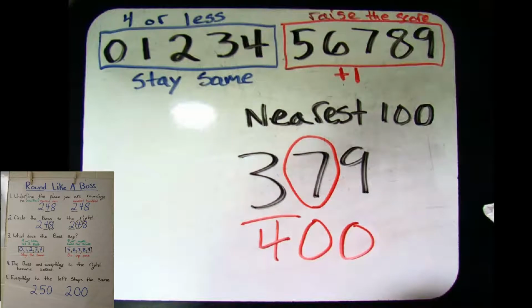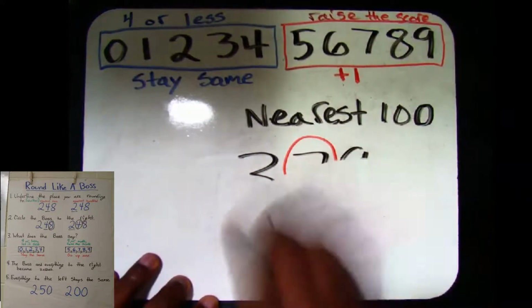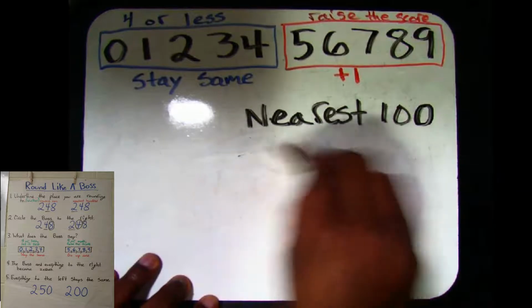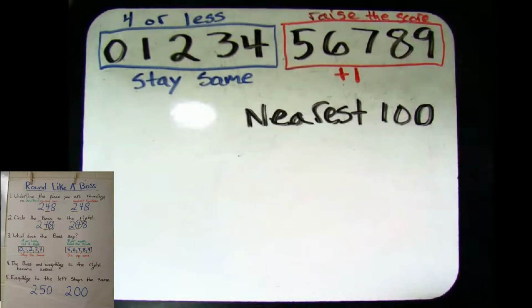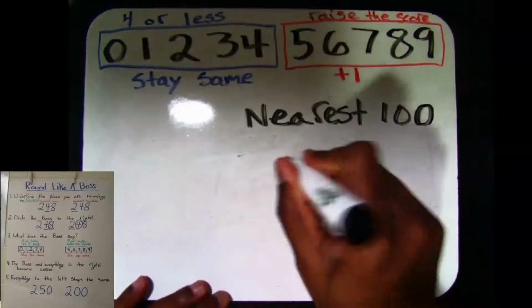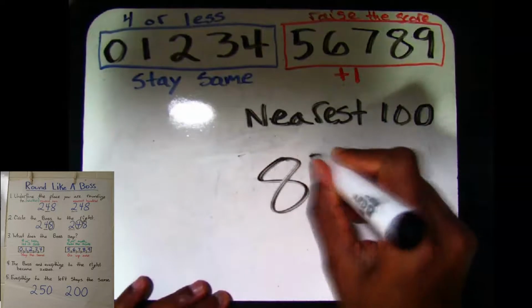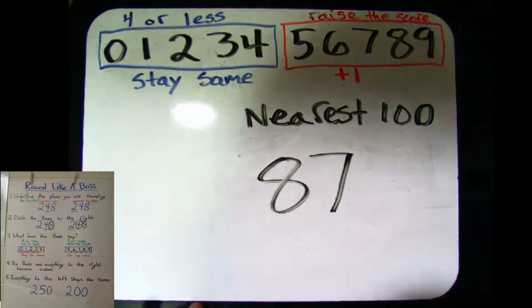All right. Remember, at any time you can pause the video or rewatch it so that you can understand a little bit clearer, or so that you can just practice the problem on your own. All right, so our next number is going to be 87. And even though it's a 2-digit number, we're still going to round it to the nearest hundred. So if we look, there is nothing in the hundreds place.